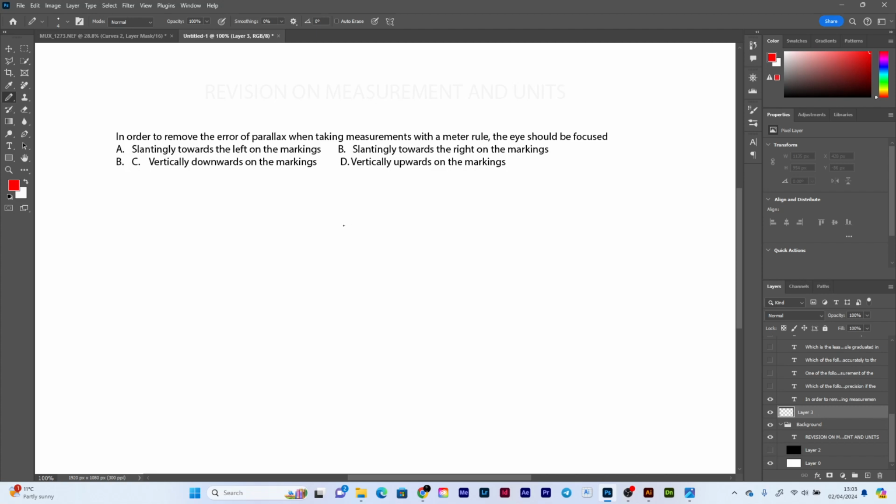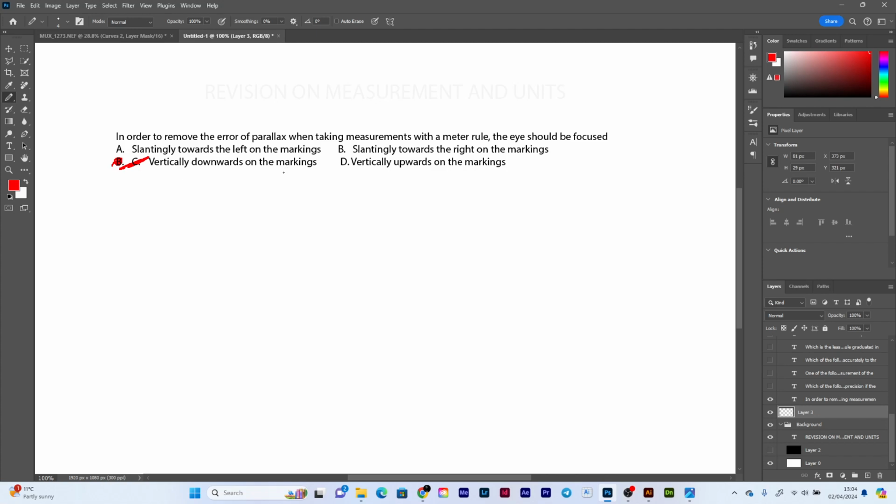So for you to correct parallax error, you have to look at that particular measurement directly. It mostly happens with instruments that utilize this ruler form of a thing, like an ammeter, your stopwatch, your meter rule, and so on. So what you have to do to prevent parallax error is to look at it directly, and the right option there is going to be option C. That is, look at it vertically downwards on the markings.